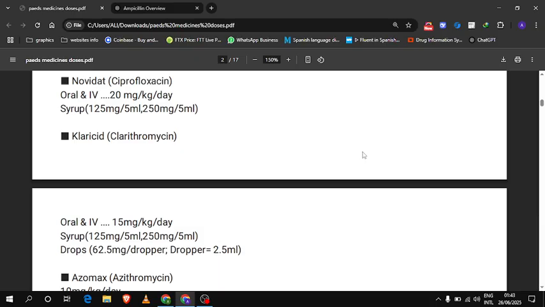And the dose of clarithromycin oral and IV is 15 mg per kg per day. Syrup formulations are 125 mg by 5 ml, 250 mg by 5 ml. It comes in drops form too, which is 62.5 mg per dropper, and dropper is 2.5 ml.